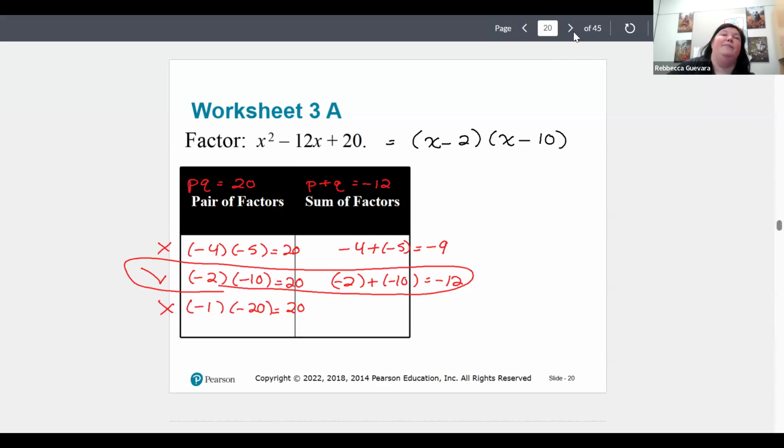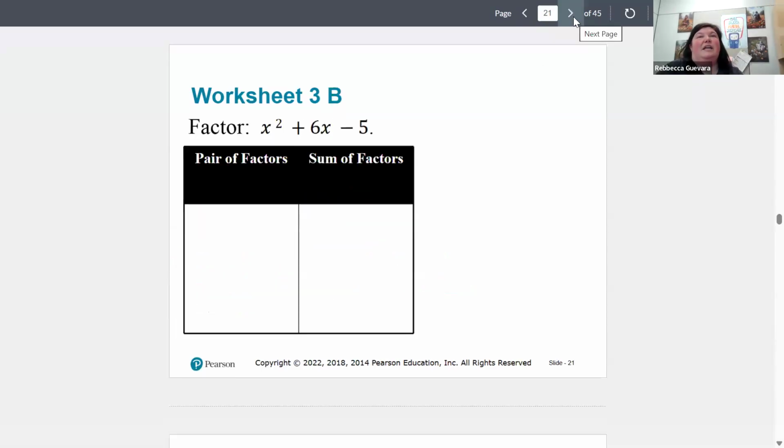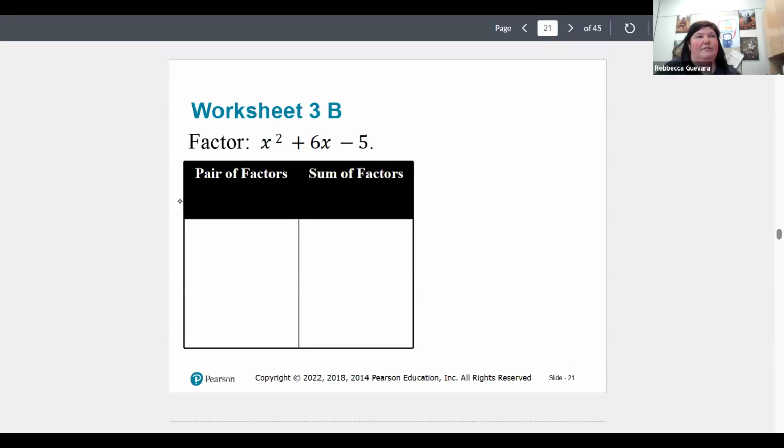All right, so B, we've got x squared plus 6x minus 5. So we need two numbers that multiply to give us the constant term, that minus 5, and that add together to give us that middle term of 6. So what can we try? We've got -5, so -1 times 5 would work, or +1 times -5.